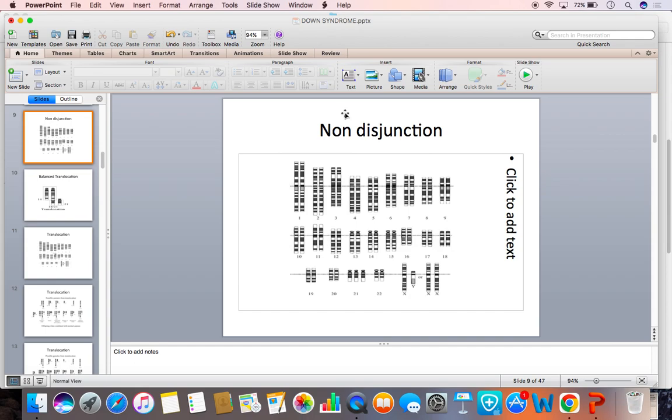During cell division, the gamete has the 2 copies of the chromosome 21 instead of 1. And fertilization occurs with the gamete with 1 copy of the 21 chromosome. The result will be an individual having 3 copies of the 21 chromosome. This is because of the non-disjunction.